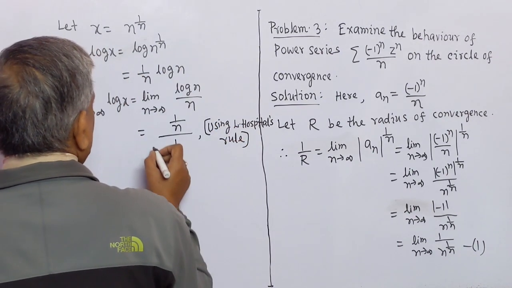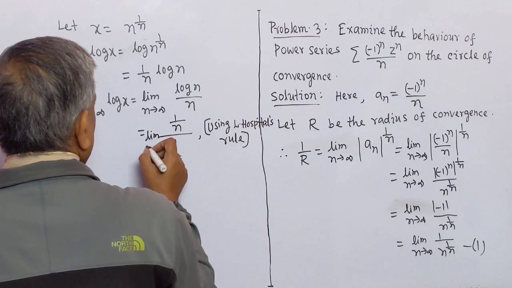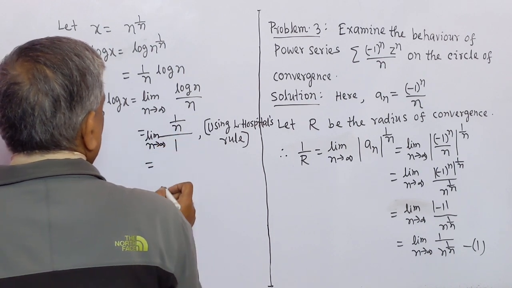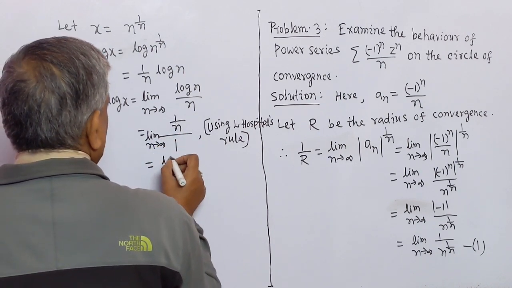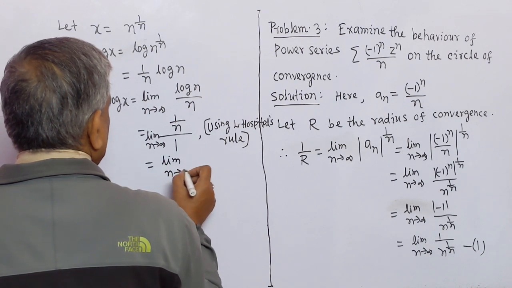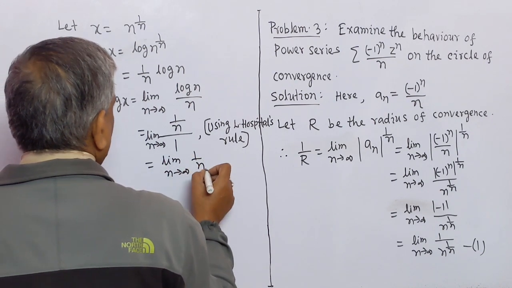This is equal to limit n tends to infinity 1 by n.